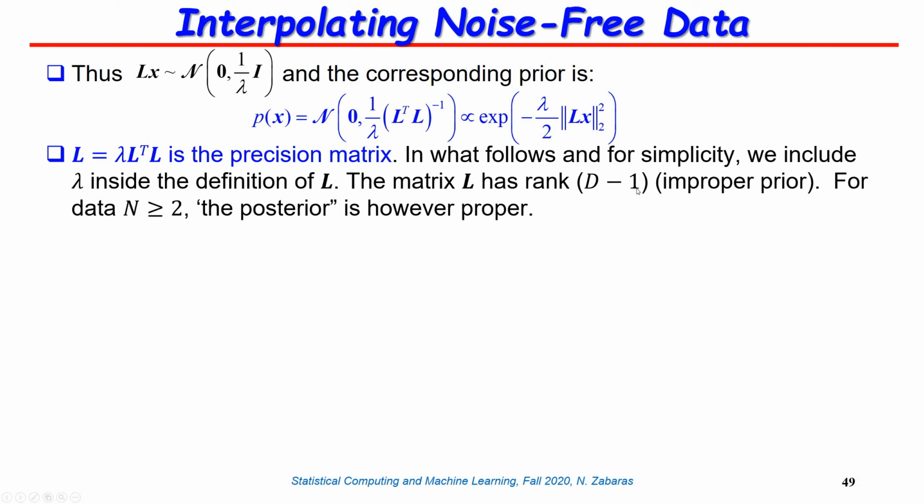So I remind you the matrix L is d minus 1 times d plus 1, so it has rank d minus 1. It's an improper prior, but actually we will see that when we try to compute the posterior, it will lead to proper calculation, so the posterior will be well defined.